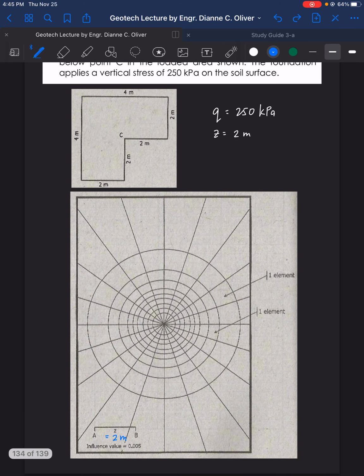So using our straight edge again, let's put C in the middle. So this is our middle part. And then let's have our straight edge. There you go.